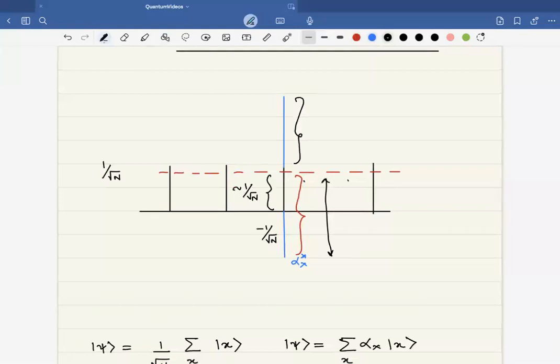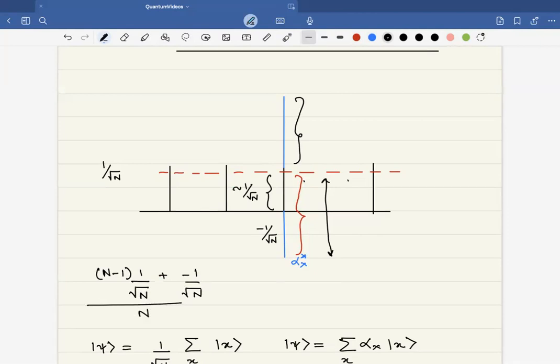Because if I take the mean of the elements after the flip has been done, then it is n minus 1 elements with amplitude 1 over square root of n, plus 1 element with amplitude minus 1 over square root of n, and then divided by n.